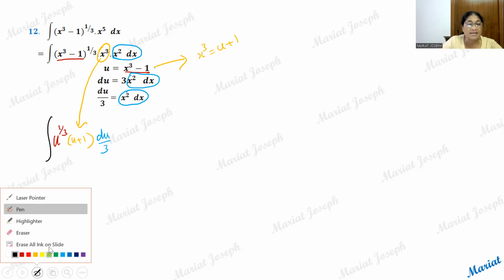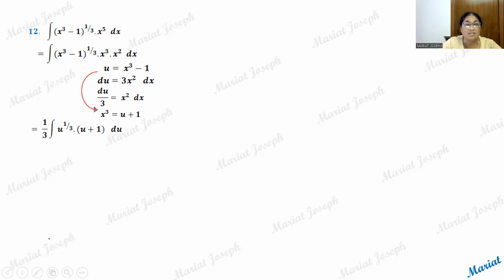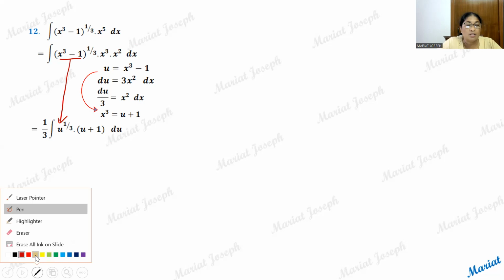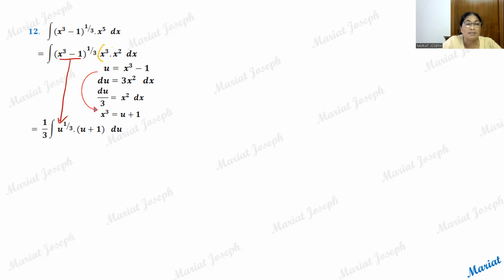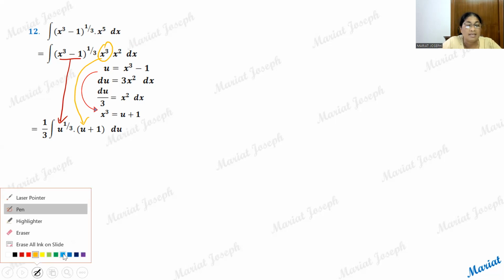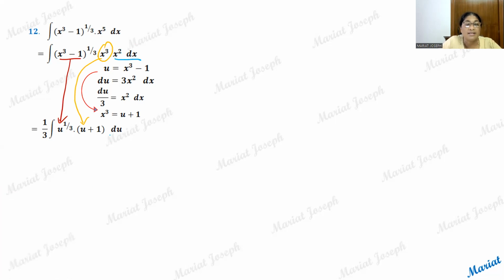So rewrite the step. This is the step: u raised to the power 1 by 3. This one. X cube is u plus 1. This one. And then x square dx is du by 3.